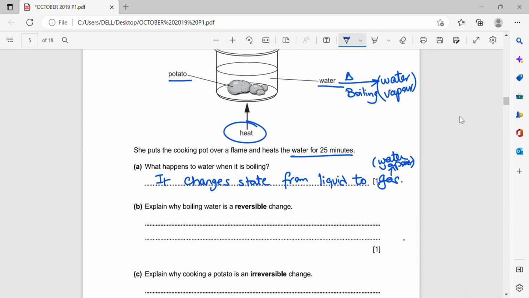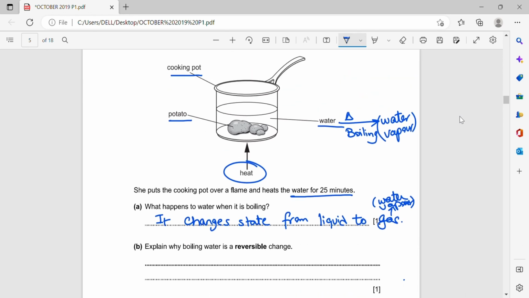Explain why boiling water is a reversible change. What does reversible change mean? Reversible change means you can get the water back. From water to water vapor, the process is evaporation. Can I get back the water from the water vapor? Yes, by a process named condensation.